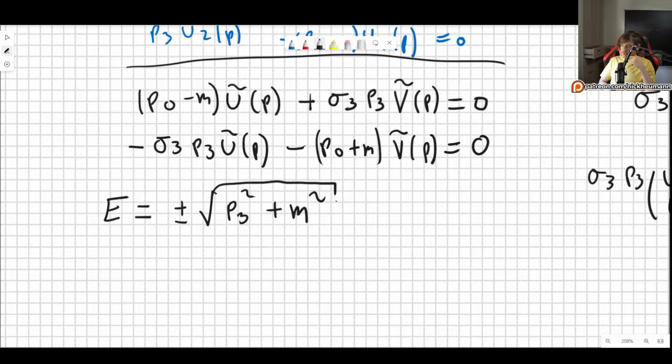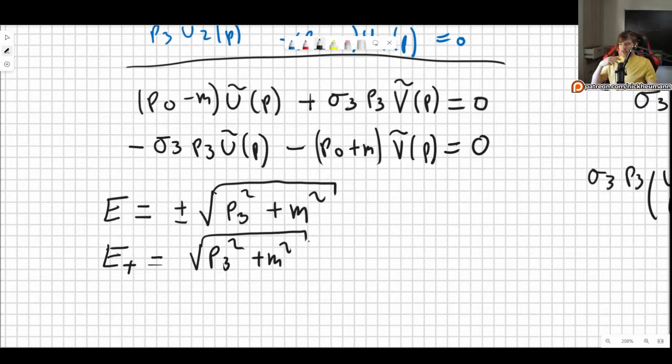All right, so we have 2 possibilities. You can have positive energies and negative energies. Okay, so let's for now just go for the case of the positive energy, so E plus, right? So that would of course simply be the square root of p3 squared plus m squared. Okay, so let's see what happens in this case.